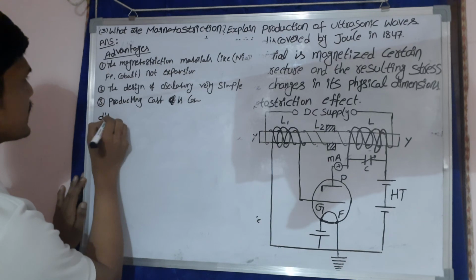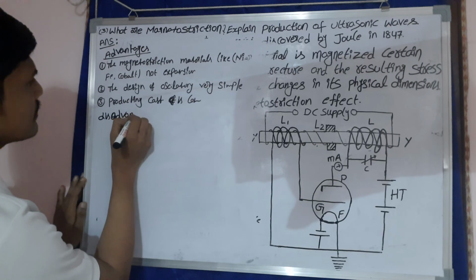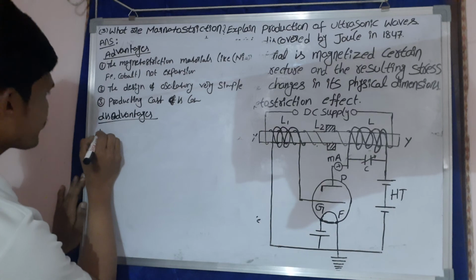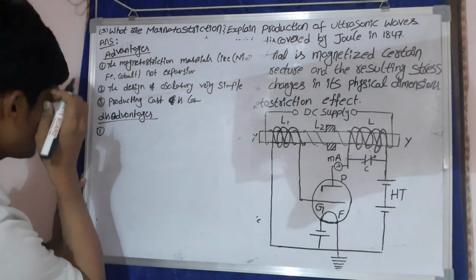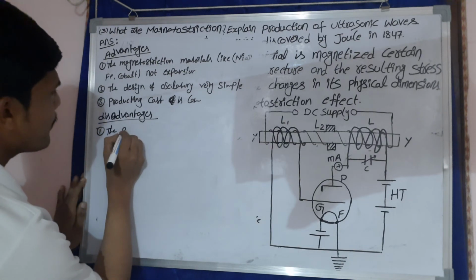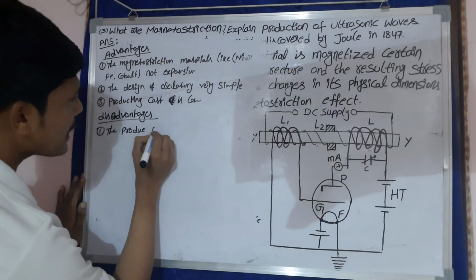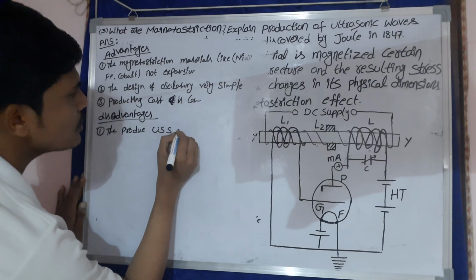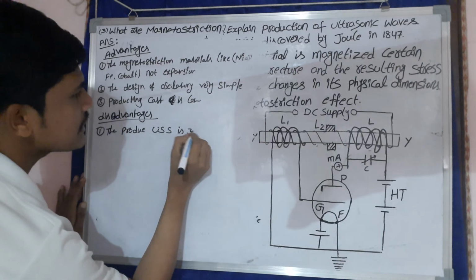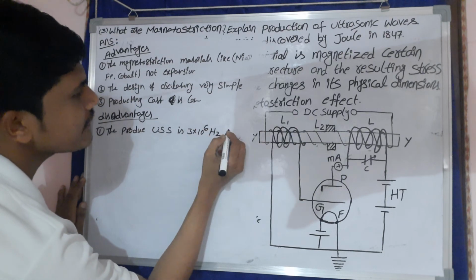Next, the disadvantages. First, the ultrasonic sound produced is only up to 3 into 10 power 6 Hz frequency.